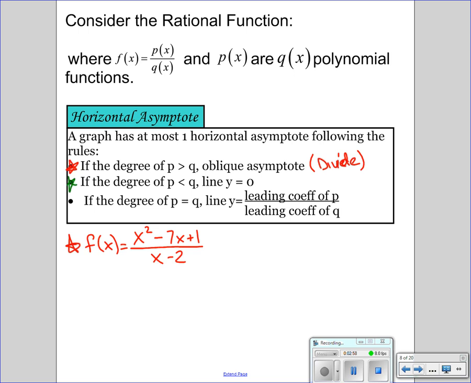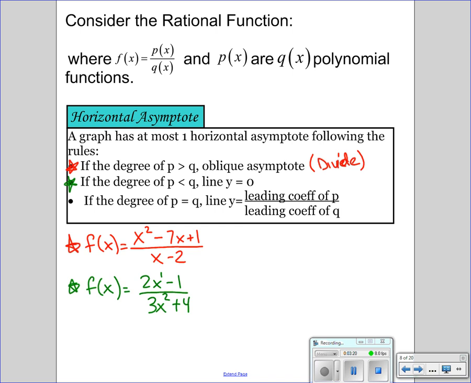If the degree on the top is less than the bottom, for example 2x minus 1 over 3x squared plus 4, the degree on the top is 1 and the degree on the bottom is 2.